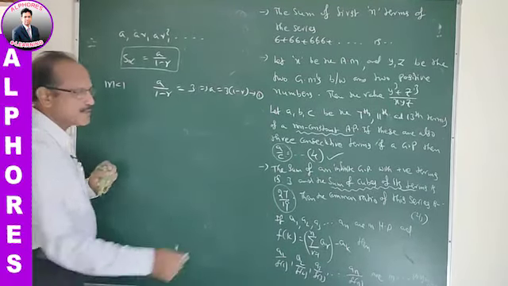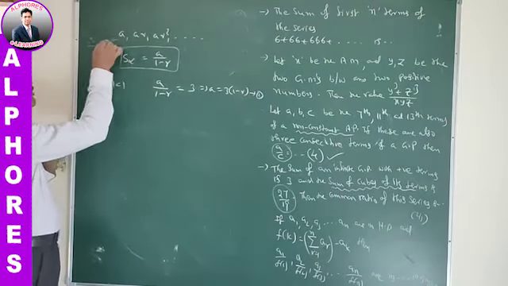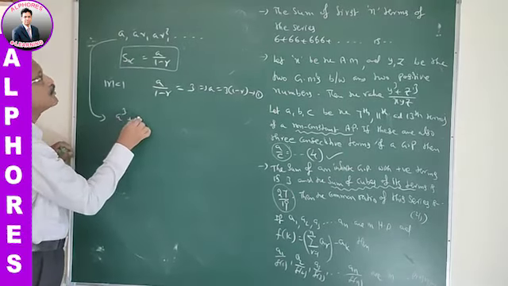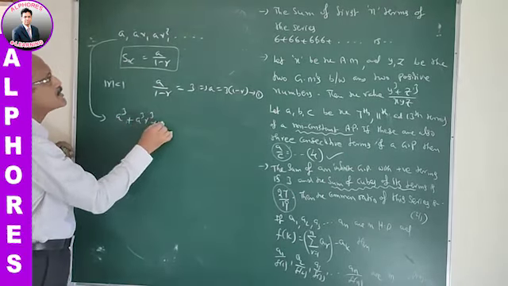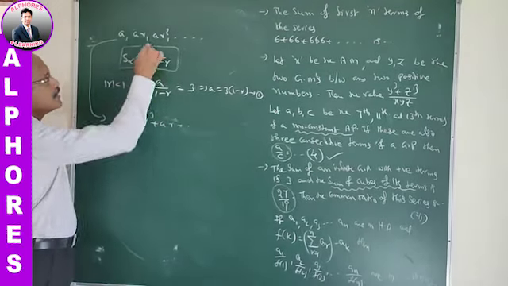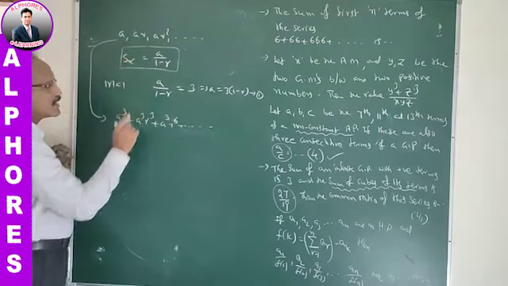Now, coming to the next point: the sum of the cubes of its terms. The sum of the cubes of the terms of this GP means A cube plus A cube R cube plus A cube R power 6 plus so on. I am cubing each term and summing.